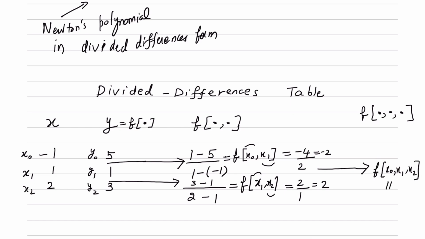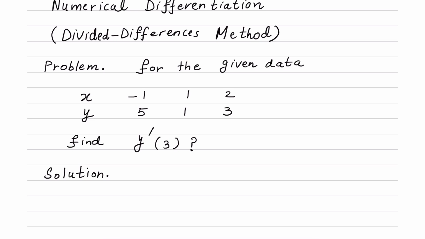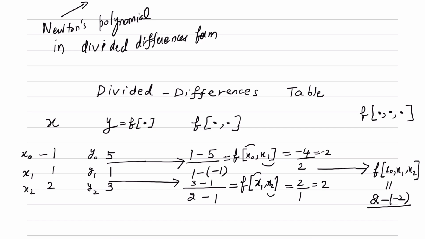Since the arrow is between minus 2 and 2, we calculate second value minus first value, divided by the difference between the last x, which is x2, and the first x, which is x0: x2 minus x0, 2 minus 1. We simplify this, and it is 4 divided by 3. So we have the value of f of square bracket x0 x1 x2.